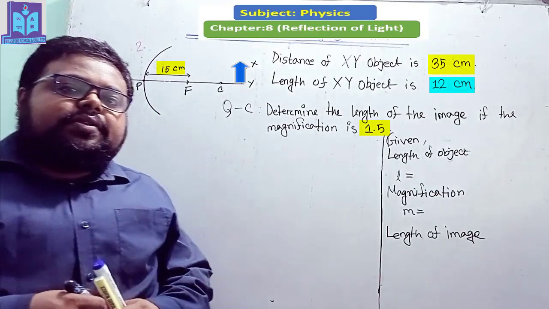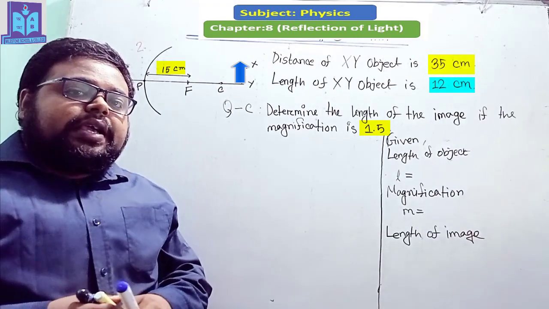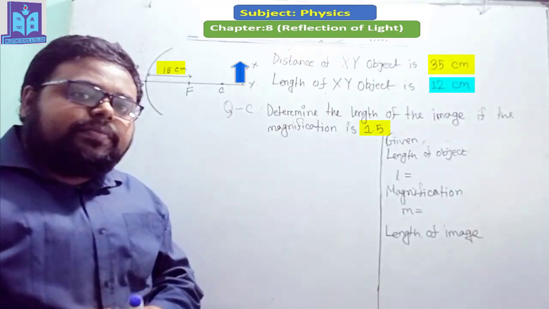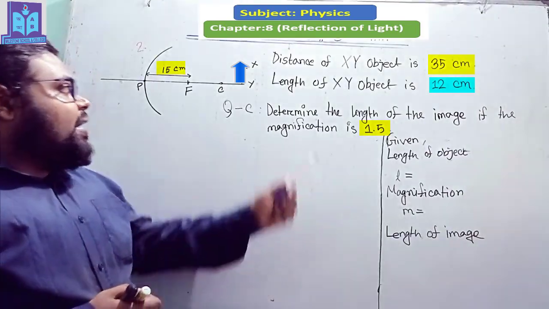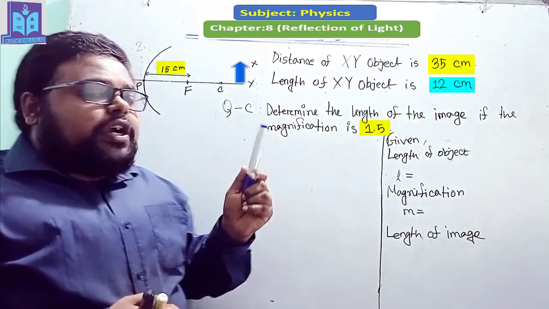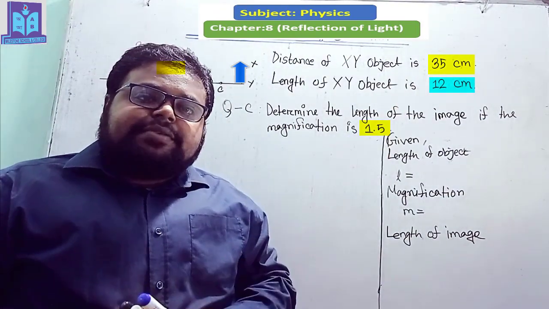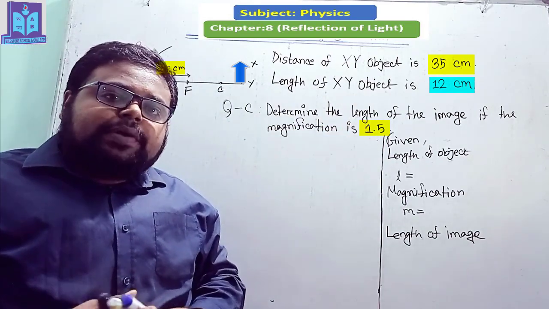My dear student, now I will solve the second creative question. Here you can see that this is a concave mirror, and this is an object. The distance of the object from the pole is 35 centimeter, and the length of the object XY is 12 centimeter.